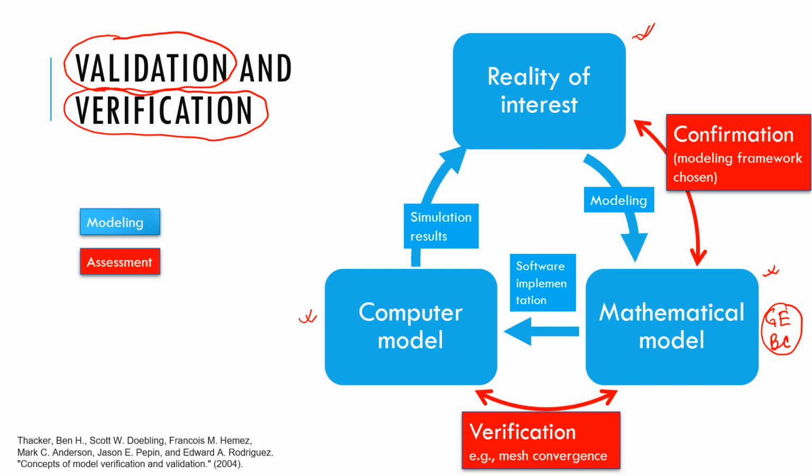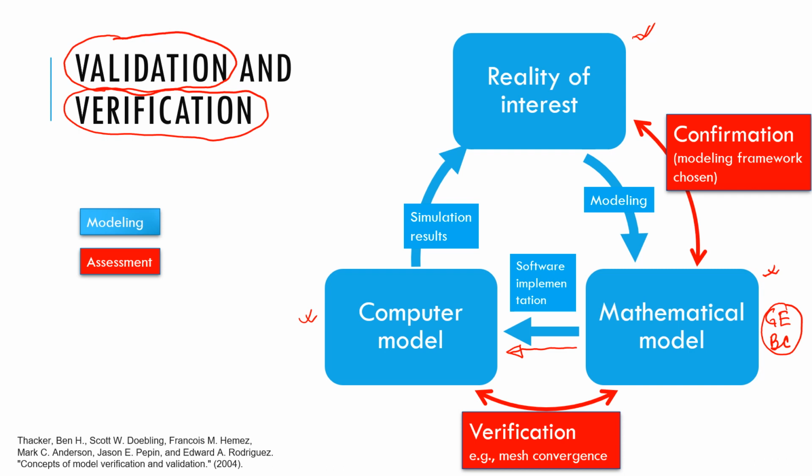Notice that the verification stage is very different from what we will talk about next, that is validation. Because in verification, even if you make this error, the error from the mathematical model to the computer model, zero, it still does not address reality.